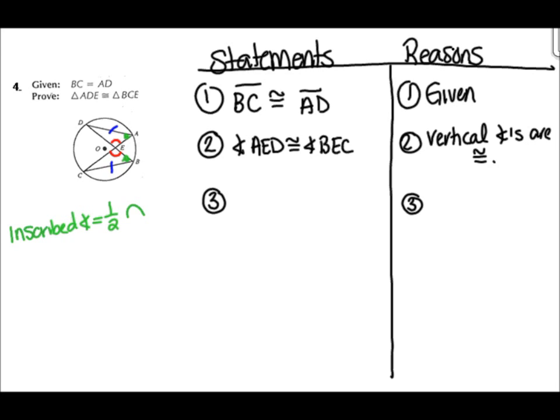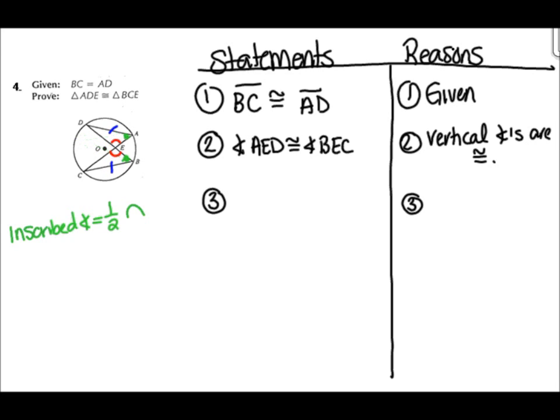Well, if you look across from angle A, the intercepted arc would be arc DC. So angle A would be half of DC. Looking at angle B's intercepted arc is also DC. So angle B would also be 1/2 of DC. So they're both 1/2 of the same arc. So those 2 angles would be congruent.